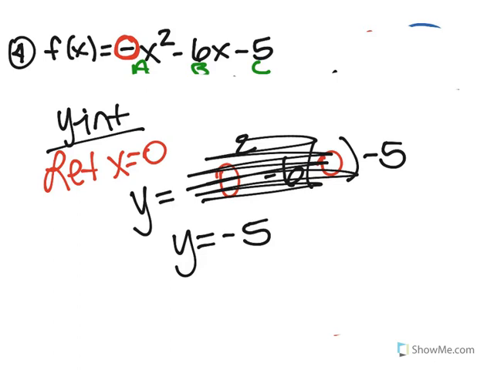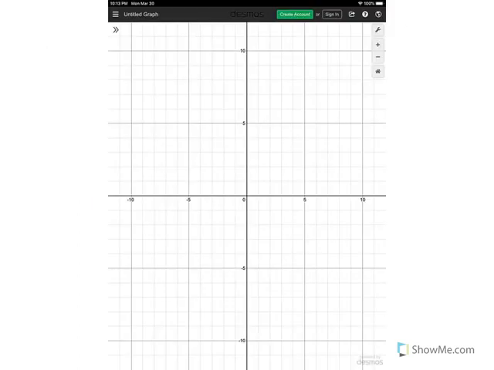And so let's now take those 4 points and plot them. So we know that our vertex is going to be at -3, +4.